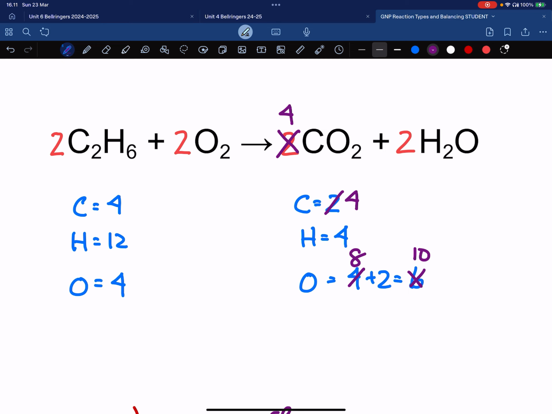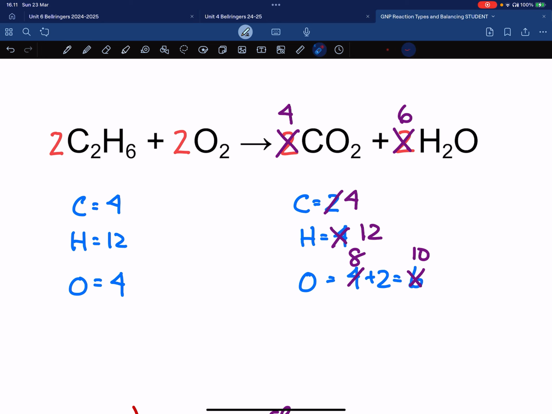All right, now here we've got 4 hydrogens, 12 hydrogens. We got to multiply this by 3, so that brings it to 6. So that brings that to 12, and then that's also going to change our oxygens. 4 times 2 is 8. 6 times 1 is 6. That's going to give me 14.